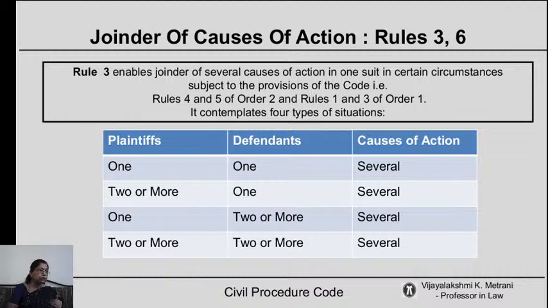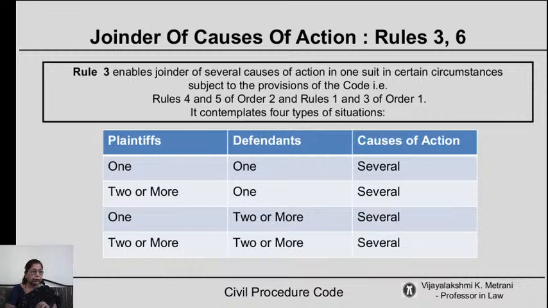Rule 5 speaks of claims by or against an executor, administrator, etc. When he sues on behalf of the estate of the testator, then he cannot join his personal claims, except where it is part of that estate, or it arises out of things he has done for that estate only.